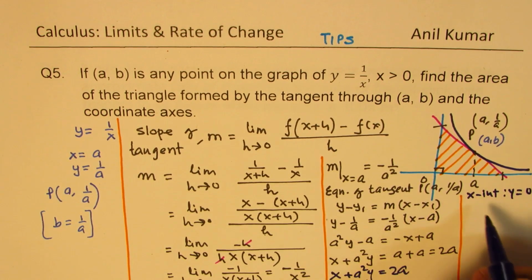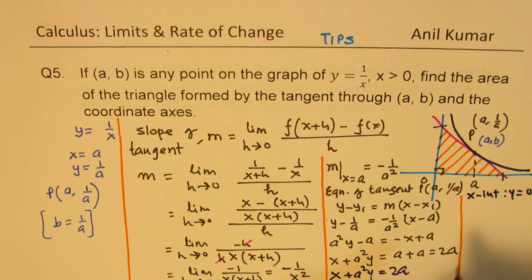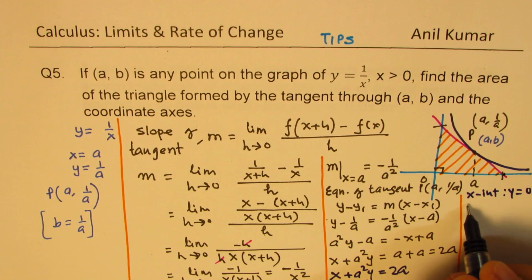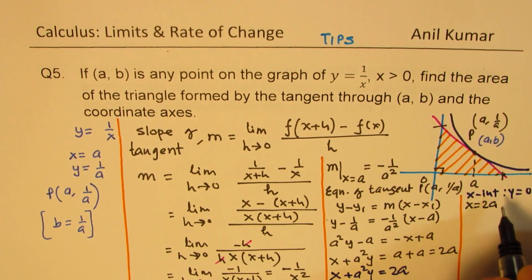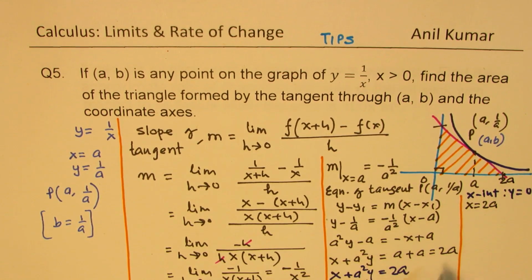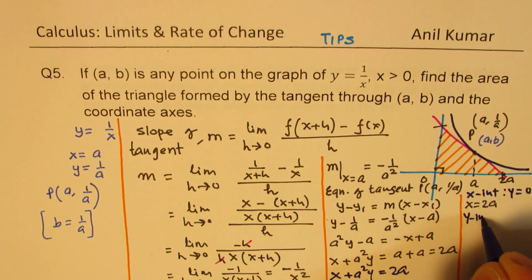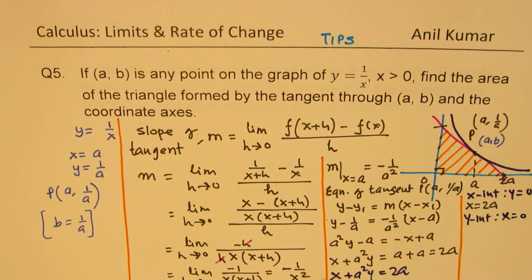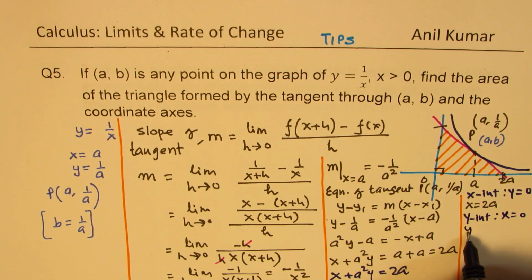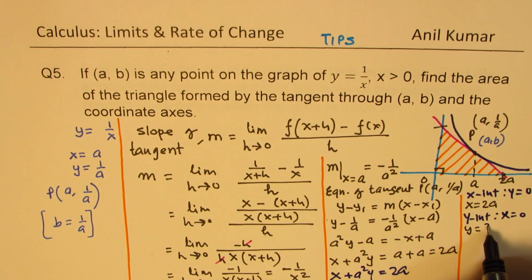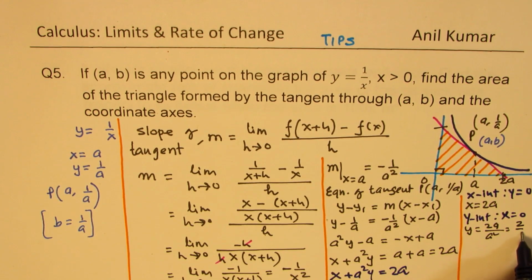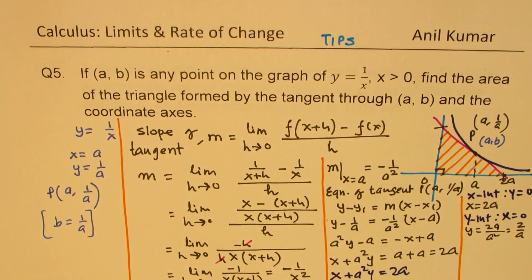The x-intercept is when y equals 0. So if y is 0, we have this point at x equals 2a, right? So this is at 2a. The y-intercept will be when x is 0, right? So if I put x equals 0, I get y equals 2a over a squared, or 2 over a. So that's the y-intercept.